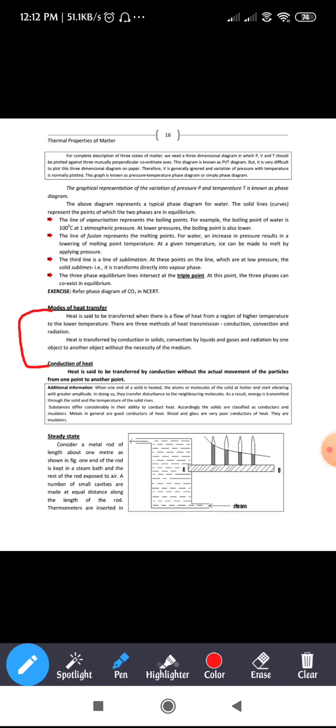So let's come to the conduction of heat. What do you mean by conduction of heat? Heat is said to be transferred by conduction without the actual movement of the particles from one point to another point.